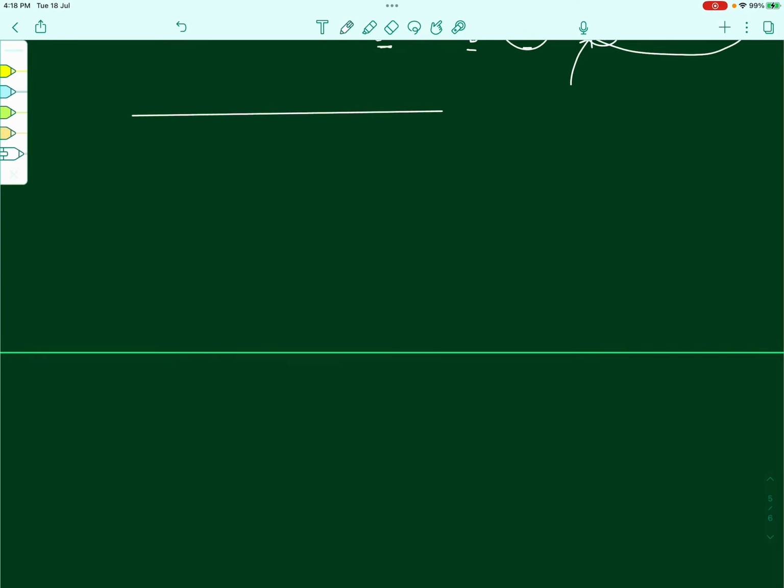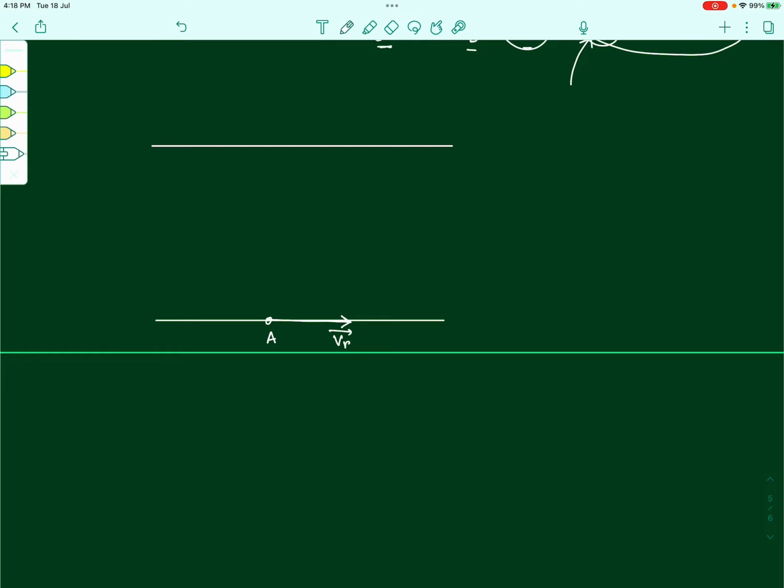the riverboat problem. It looks like this. This is the river flowing towards right. Let me take it over here. This is the river, let's say. This is the point A. The velocity of the river is like this towards right, VR.